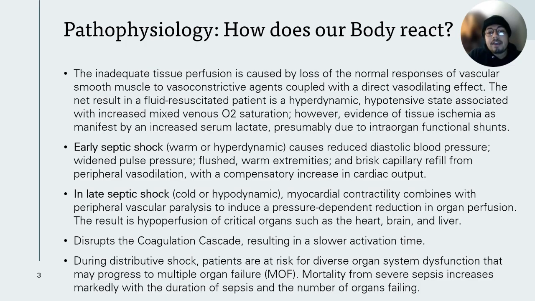This is where decreased myocardial contractility combines with peripheral vascular paralysis to induce a pressure-dependent reduction in organ perfusion. This disrupts the coagulation cascade and can result in a prolonged activation time. During distributive shock, patients are at risk for diverse organ system dysfunction or organ failure. Mortality from severe sepsis increases markedly with the duration of sepsis and the number of organs failing.